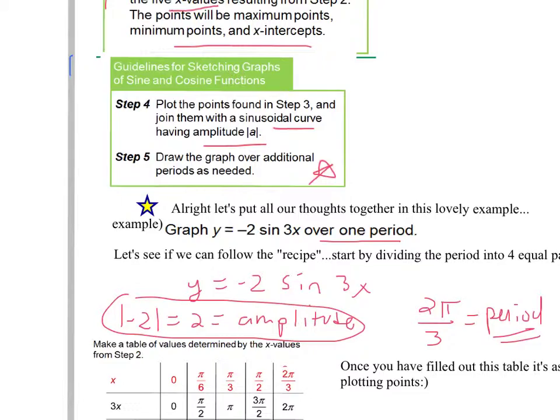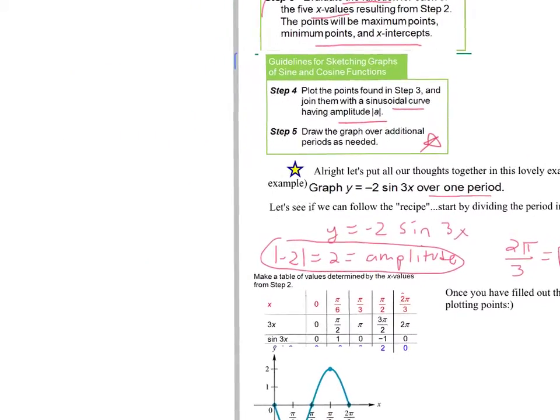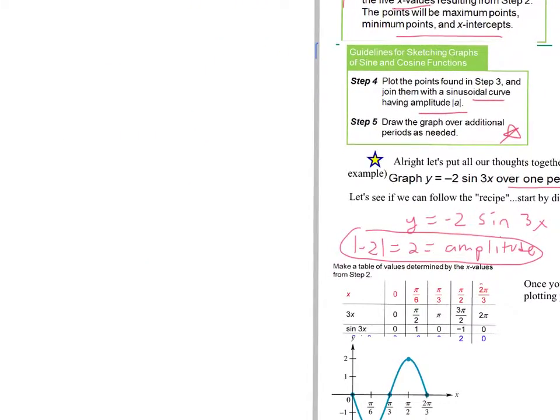I'm going to zoom this back over and try to follow the recipe so you can see how you get the table. So you take the normal period of sine, which is 0 to 2 pi, and you think about the fact that it's been affected now, and you have to chop that into 4 equal parts.